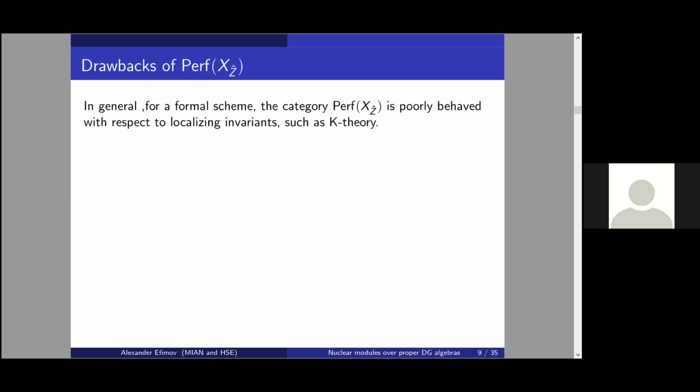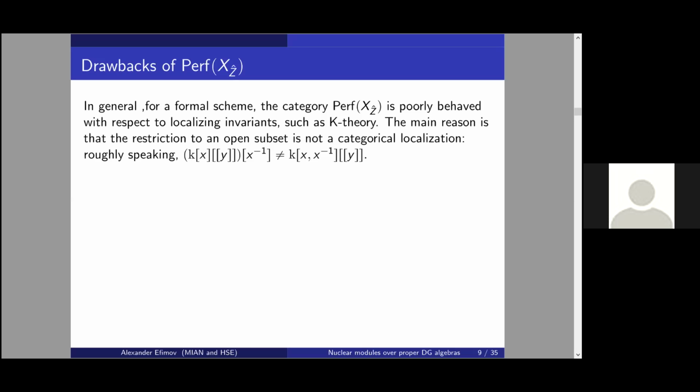Yeah. So now, what I already partially mentioned: for a formal scheme, the category of perfect complexes is poorly behaved with respect to localizing invariants, such as K-theory, and the main reason is that restriction to an open subset is not a categorical localization.